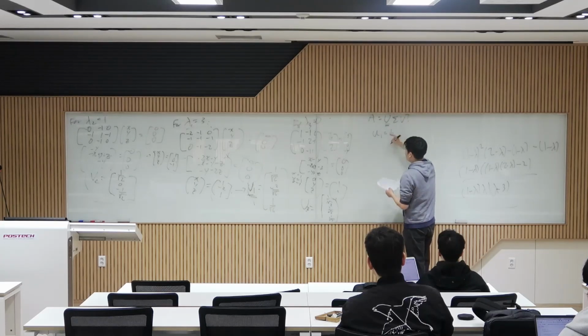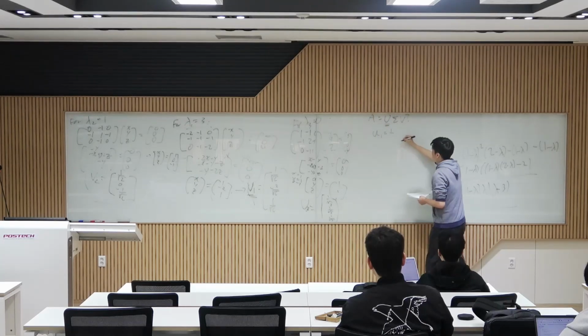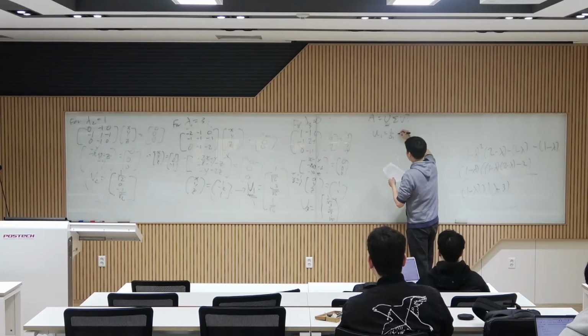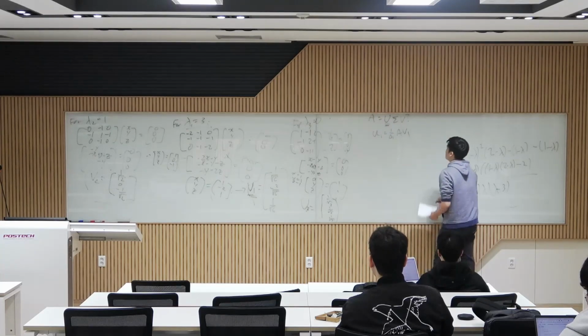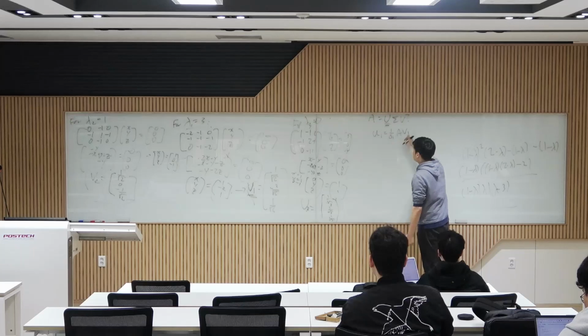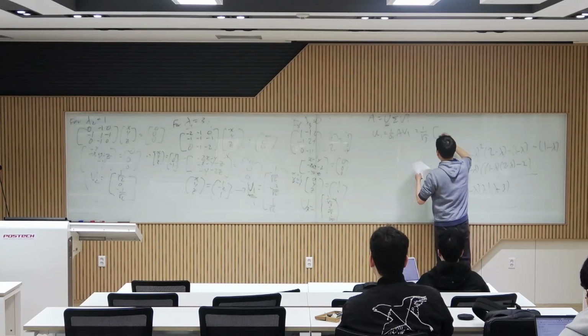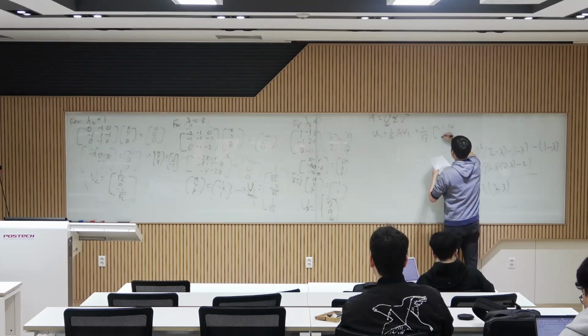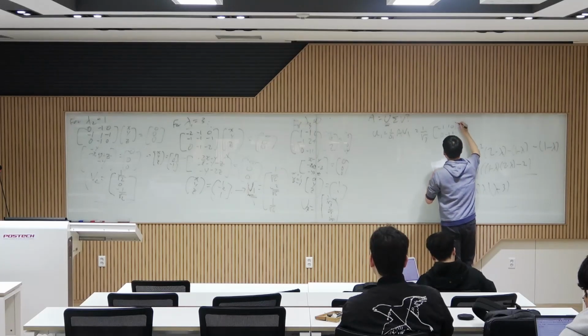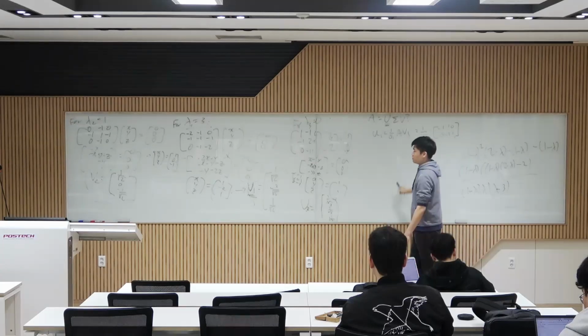U1, the first column of U, can be written as 1 over sigma 1 times A V1. We know the first singular value is root 3, and A is given in the problem, and we computed V1 here.